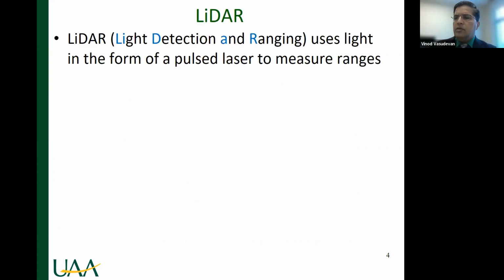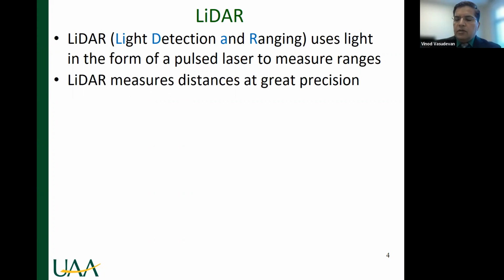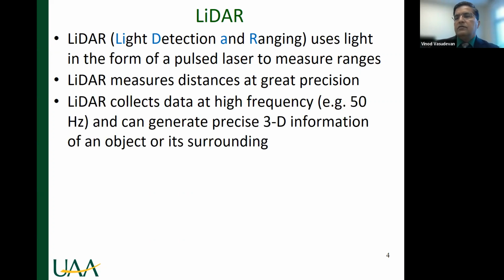So LiDAR, maybe many of you know what LiDAR is, but just to give an overview, LiDAR stands for light detection and ranging, and it uses light in the form of a pulsed laser to measure ranges. The advantage is that it measures distances at high accuracy. That's a major advantage. Since LiDAR collects data at high frequency, you can go up to 50 Hertz, even slightly higher if you have a high resolution LiDAR.